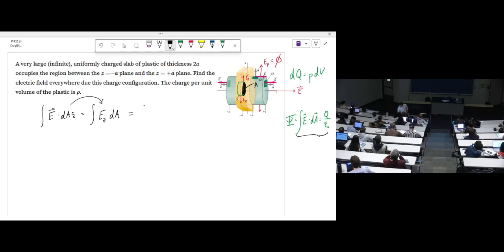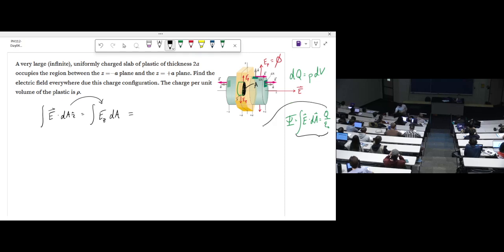And then the other side of Gauss's law states that it's Q over epsilon naught. But how much charge have I enclosed at this point? Well, we don't know. We're only given the charge density.